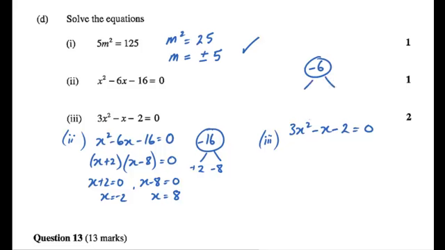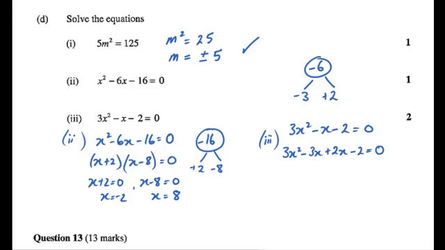Multiply to give 6 would be 3 and 2, and we want it to add to give negative 1, so negative 3 and positive 2. To solve this, we do 3x squared, remembering that the negative x now becomes negative 3x plus 2x minus 2 equals 0.